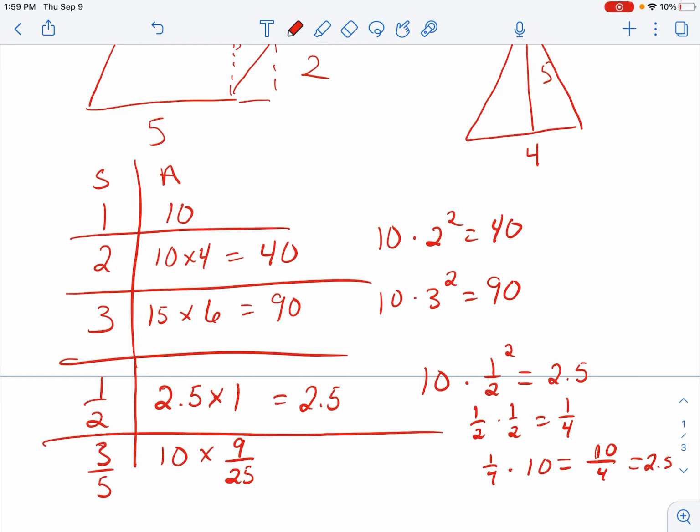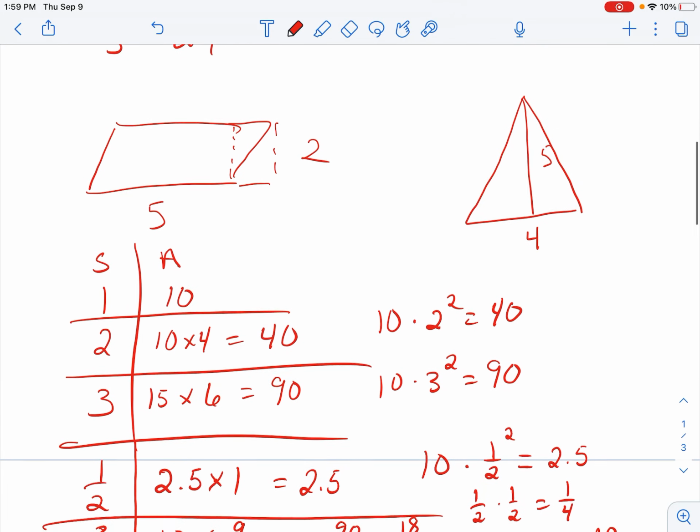And then you get your answer, which 5 goes into both of those, so that would be 18/5. Okay. All right, and that's what I wanted to show with these ones. So no matter the shape, whatever the starting area is, you're going to increase it by the scale factor squared.